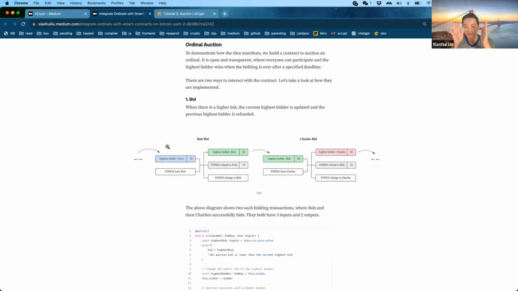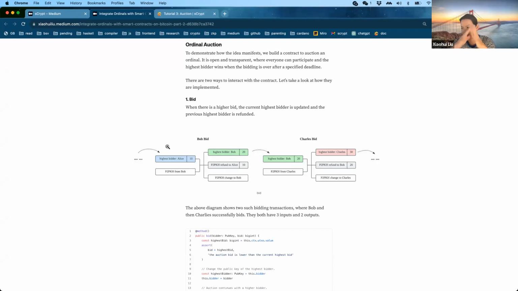On a high level, it has a deadline, and before this deadline, anyone in the world can call this contract to submit their own bid, because it's a contract. The contract keeps a state, recording whoever has the highest bid, and puts the funds in the contract balance.